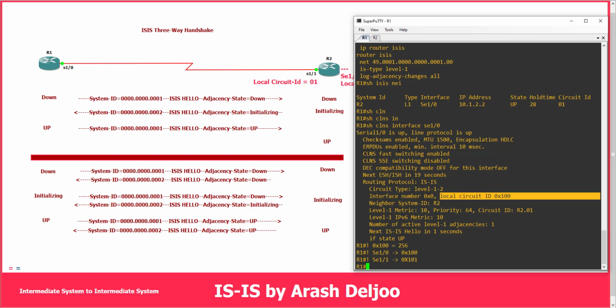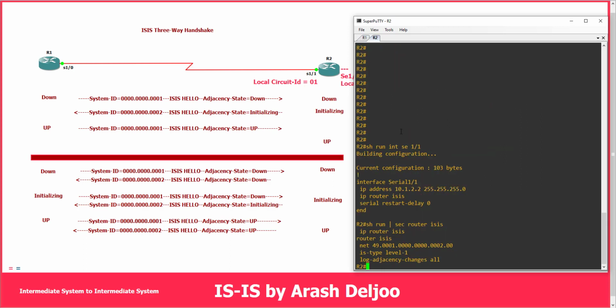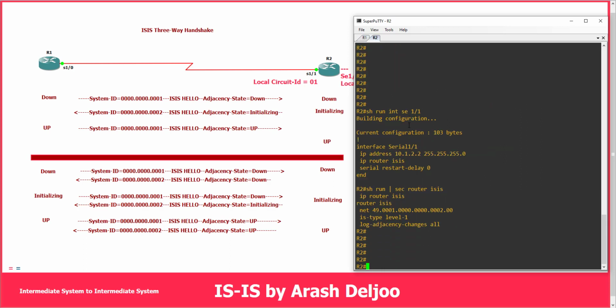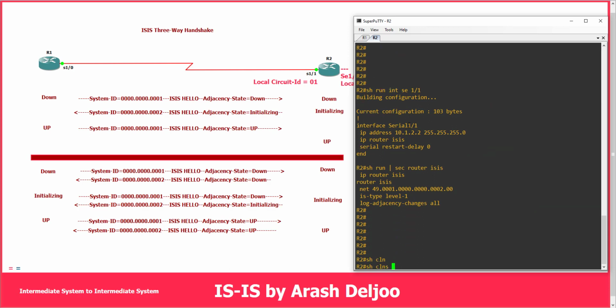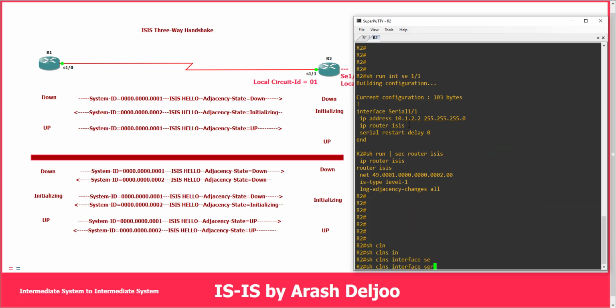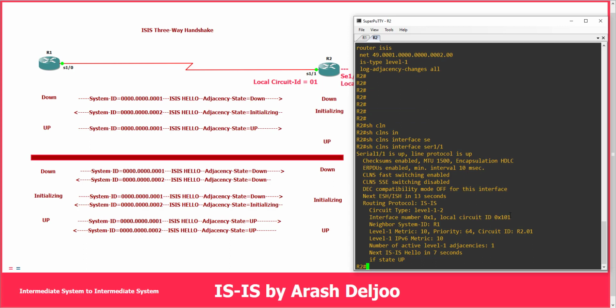And also, let me show you R2's local circuit ID for serial 11 with show clns interface. For example, serial 11 shows us that R2 used the local circuit ID for serial 11 as 0x101, meaning 1. Okay, look at here, serial 11. Now this is random, it's not important. Maybe in your scenario you can see 0x100.